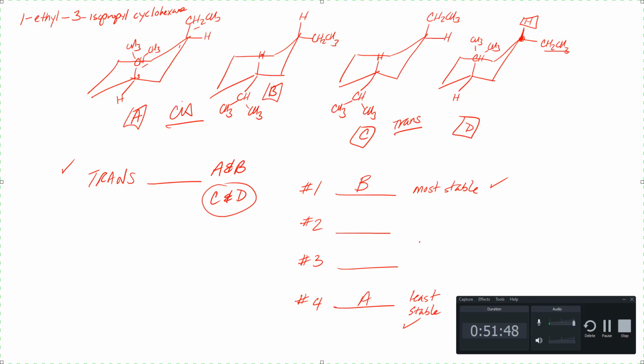Now, what's left over? What's left are C and D. C and D in this case, because the alkyl groups are different, do not have the same energy. So, hopefully the last video quiz question: of C and D, which one is more stable?